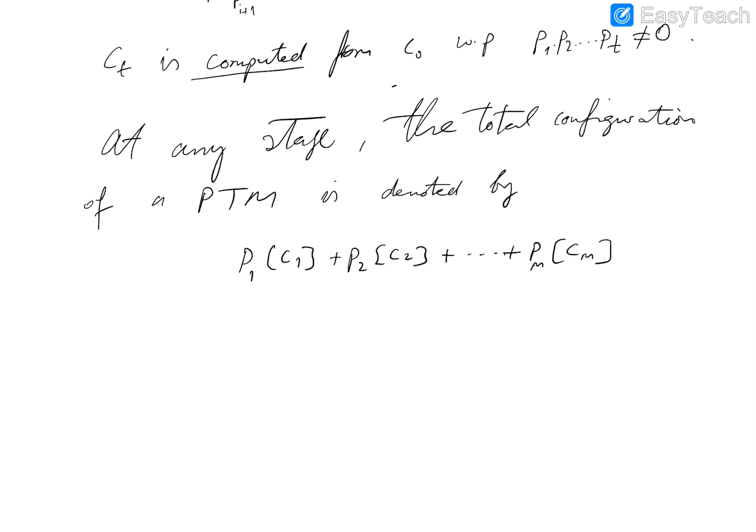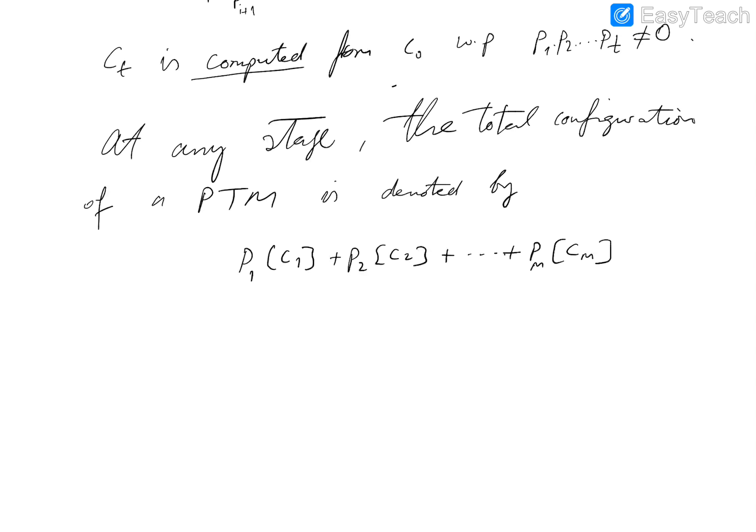And here each Ci is a basis configuration. So this means that at any stage t, the probabilistic machine is in basis configuration Ci with probability Pi.